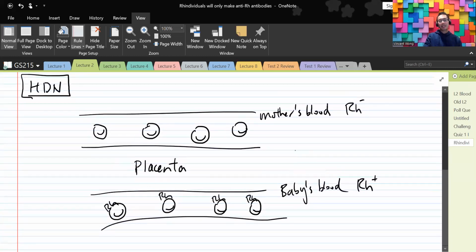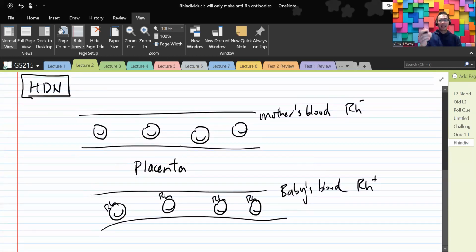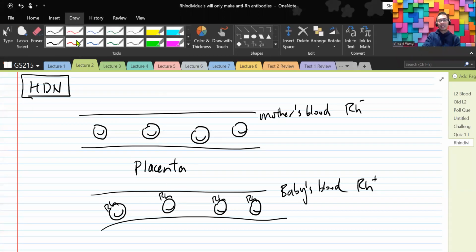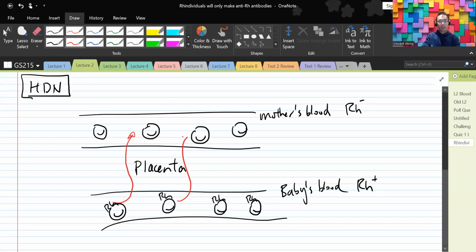And so what happens is sometimes the placenta can get damaged, like during pregnancy if the mother falls or something, and if not, during the actual labor and delivery process, it's possible for the placenta to get damaged, and in that case, the baby's blood will go into the mother's bloodstream.